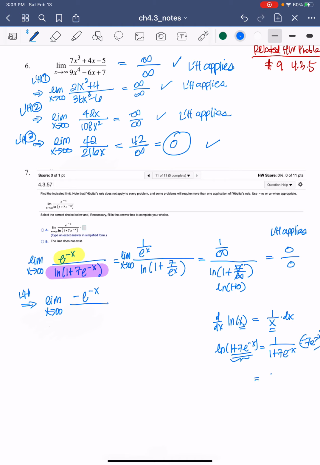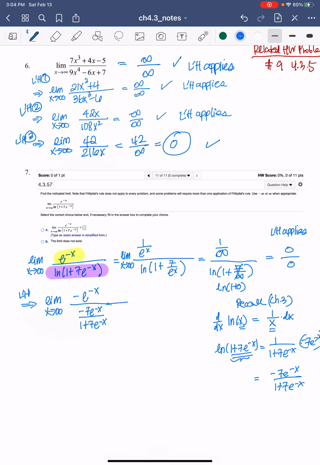So I'm going to have negative 7e to the negative x over 1 plus 7e to the negative x. Recall, this is coming from chapter 3 of last semester.